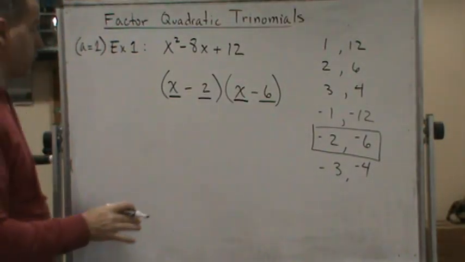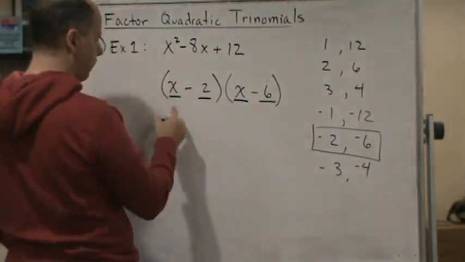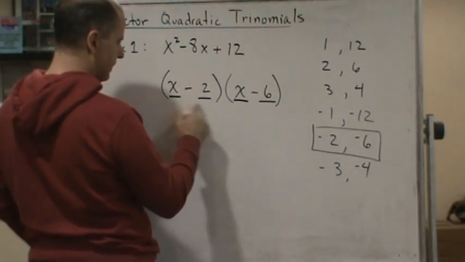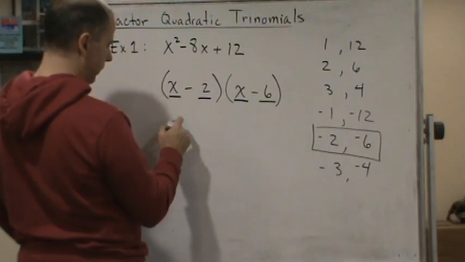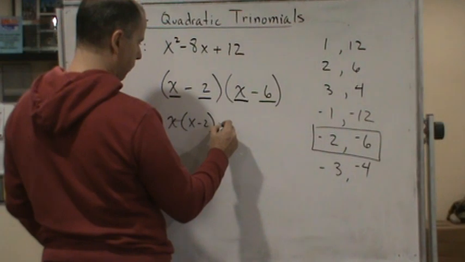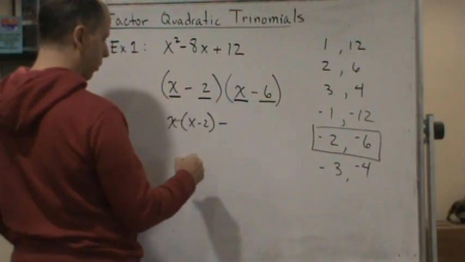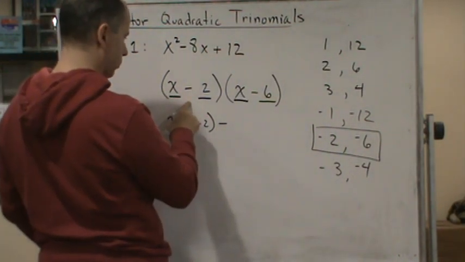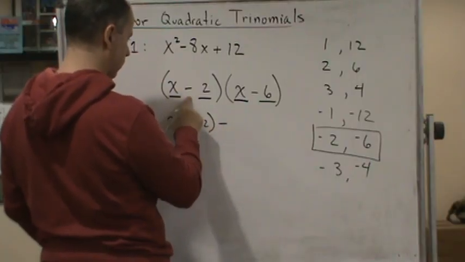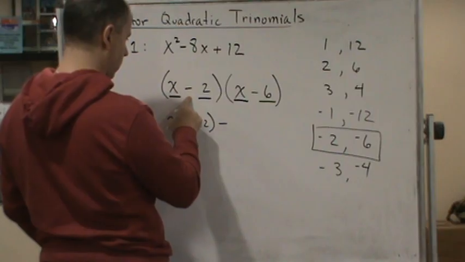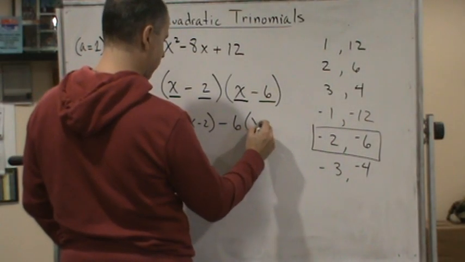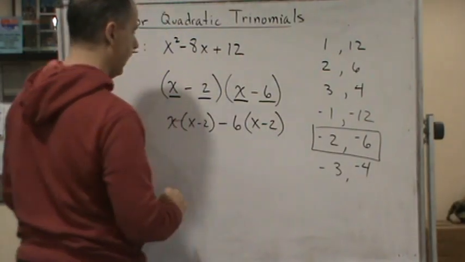And of course you can check by, again, using the distributive property. So I get x times x minus 2, minus 6 times x minus 2.